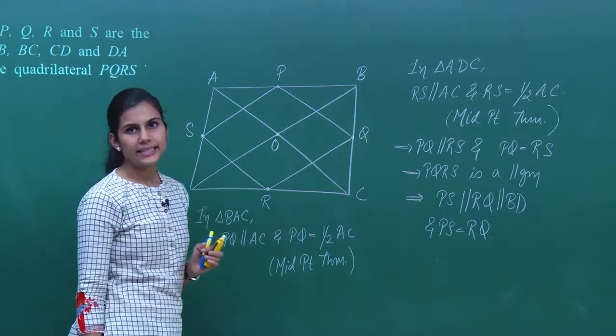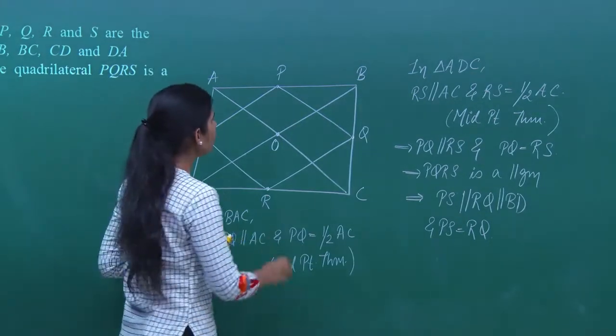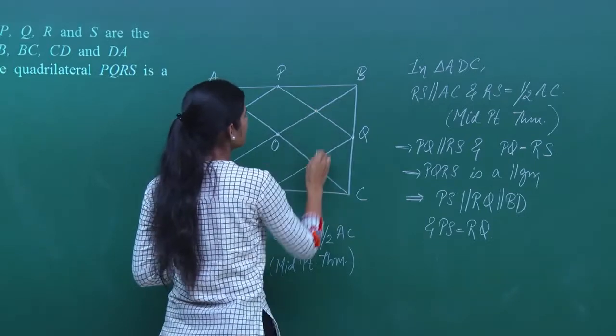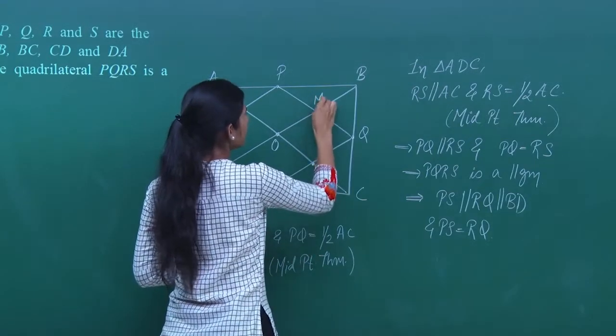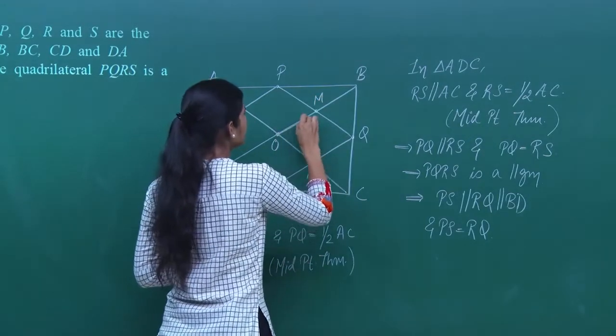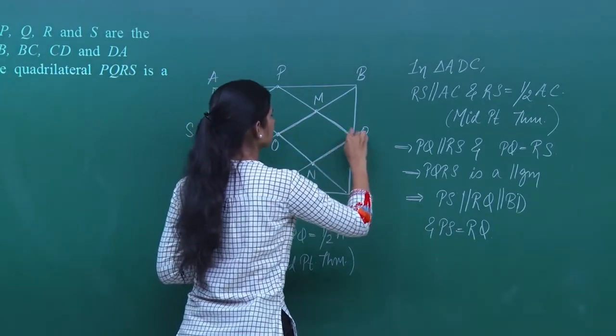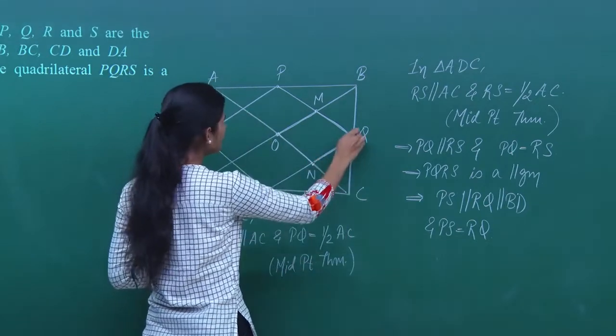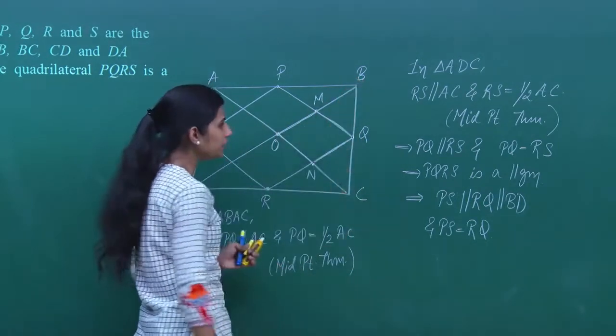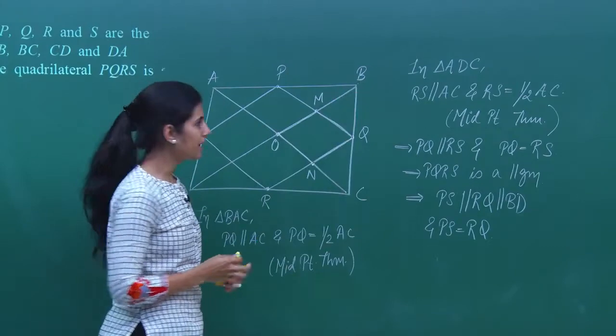I have to show that each angle is of 90 degrees. What I do is I consider this particular figure. Consider this, this is say M and this is N. You know complete RQ is parallel to BD, so any part of RQ is also parallel to any part of BD.